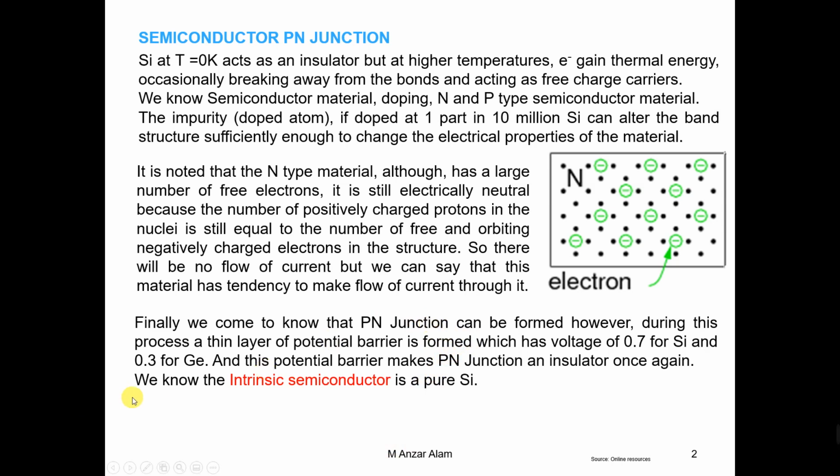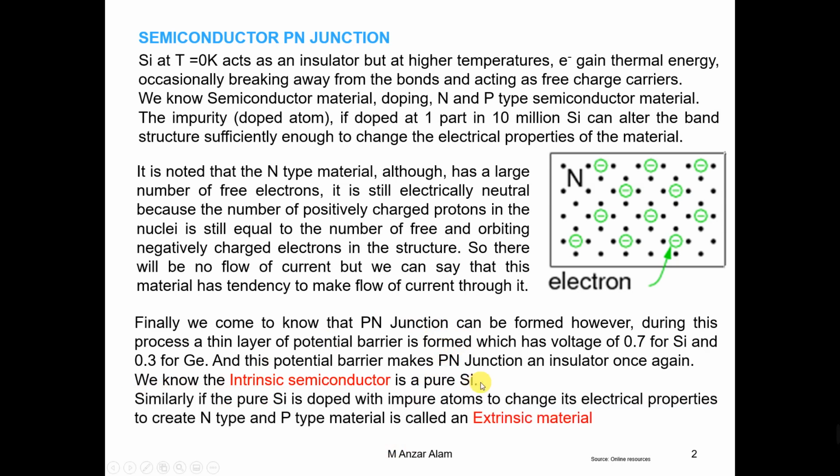One more thing. We know the intrinsic semiconductor means a pure semiconductor. Similarly, if the pure silicon is doped with impure atoms to change its electrical properties to create n-type and p-type material, then this material is called an extrinsic material.